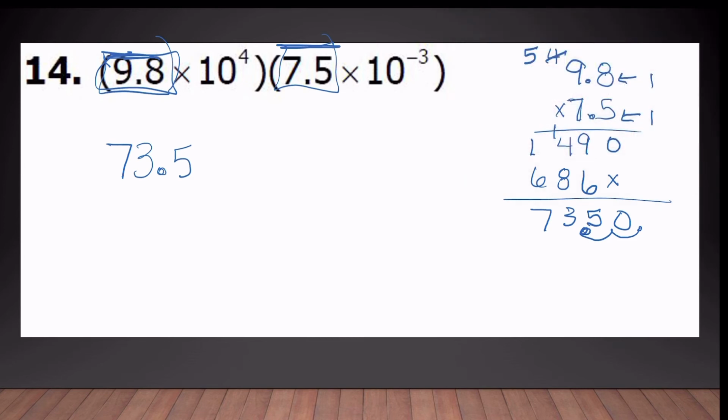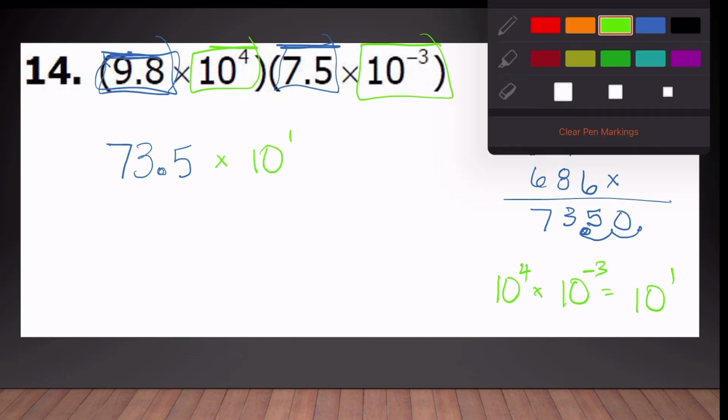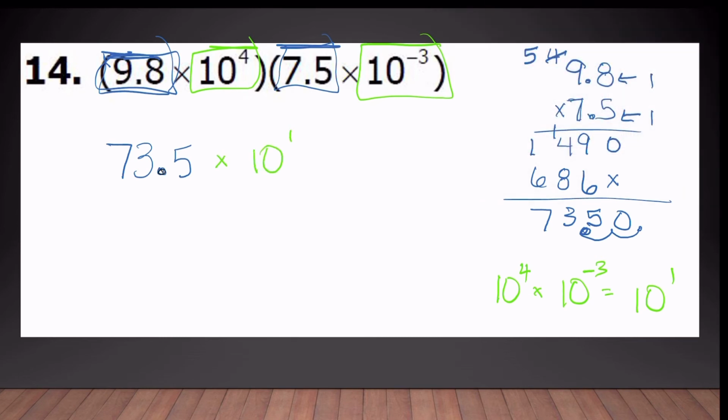But I also need to do 10 to the 4th times 10 to the negative 3rd. This is our exponent laws, ladies and gentlemen, meaning bases are the same, write the base, add the exponent. So when I look at this, it looks like it's in scientific notation. However, this decimal here needs to be over 1.